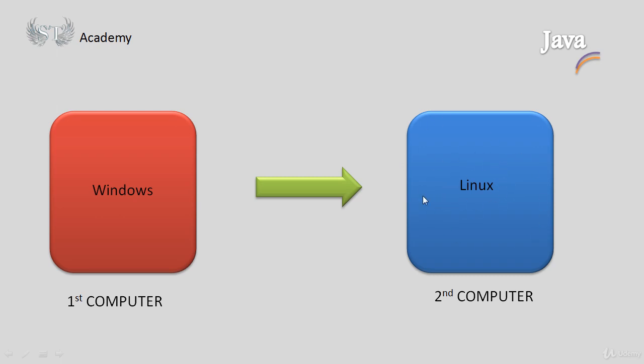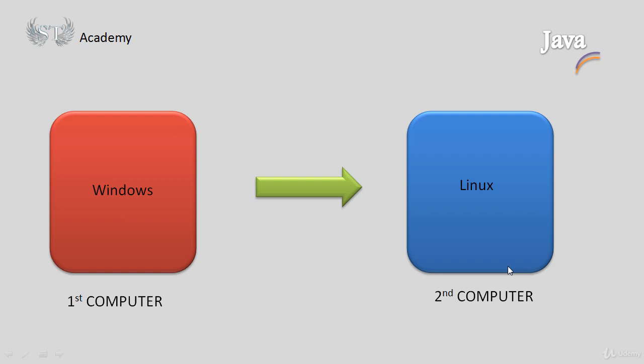So to run the application developed in C language on the first computer, I need the same operating system on the second computer which exists on the first computer. I need Windows here also. Then only will that application execute and give the result.